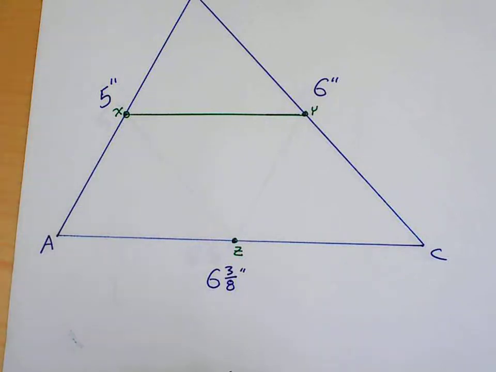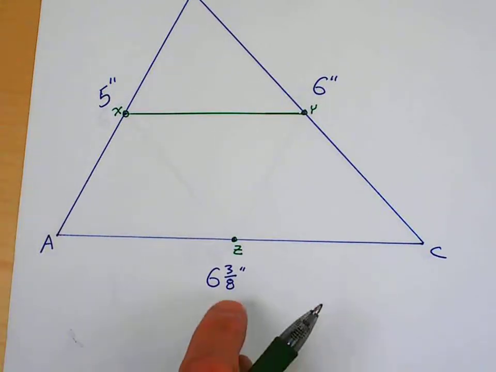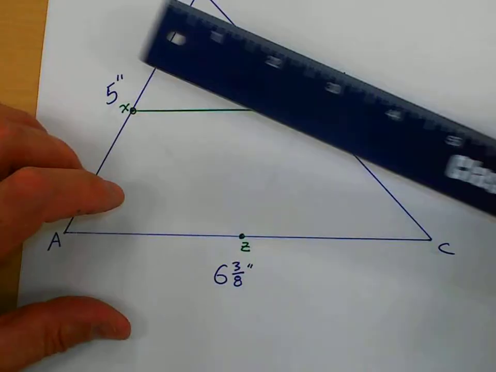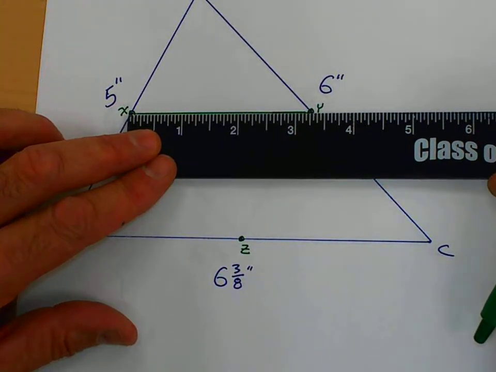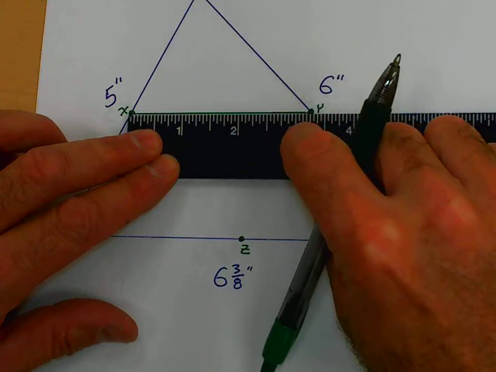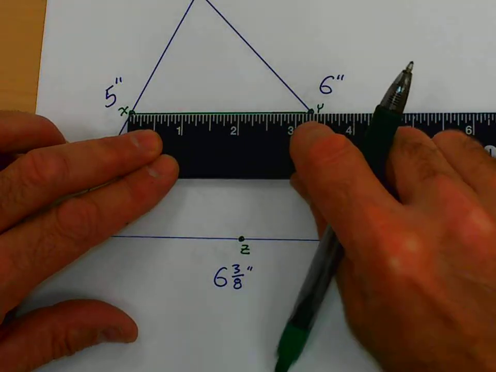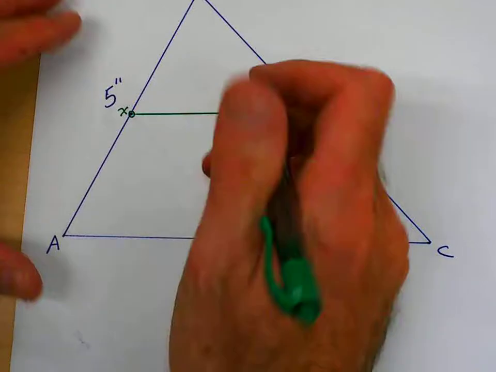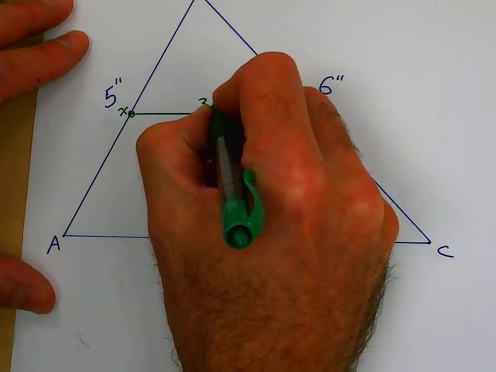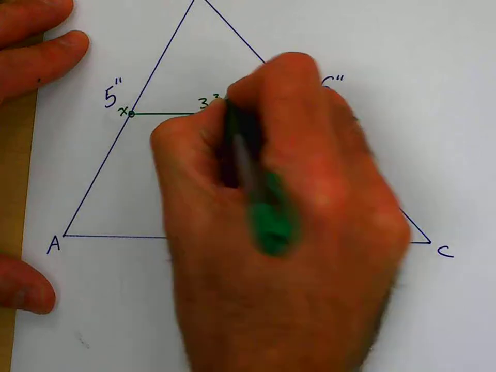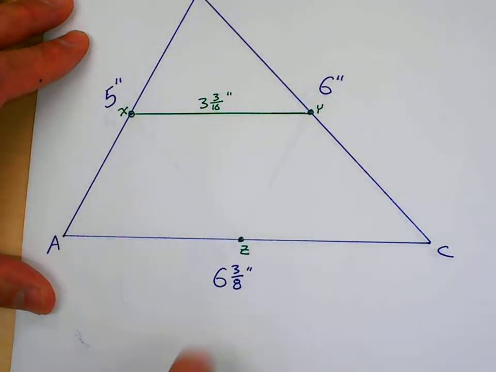So anyway, if this is 6 3/8, this is supposed to be 3 3/16. And sure enough, it looks like 3, 1, 2, 3, 3 3/16. So this is 3 3/16 inches long. So it is half of that.